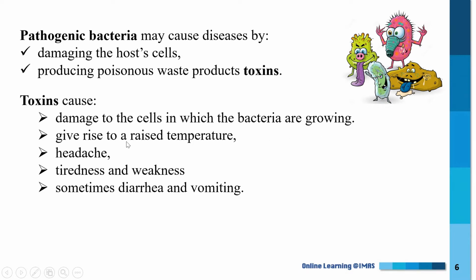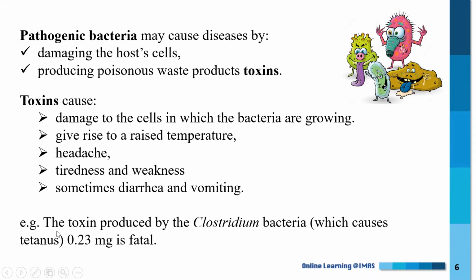They give rise to a raised temperature. The temperature will increase, and it can also cause headache. The person will be tired and weak, and sometimes it can cause diarrhea and vomiting. Like salmonella or Vibrio cholerae, they also cause diarrhea and vomiting. Toxins can be produced, for example, by this Clostridium bacteria. This one causes tetanus.